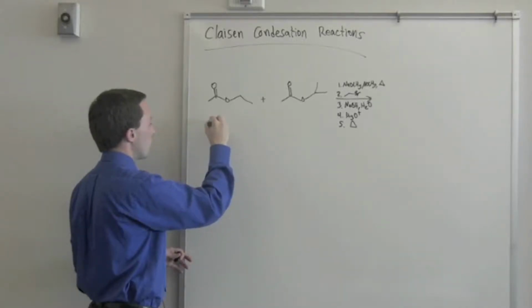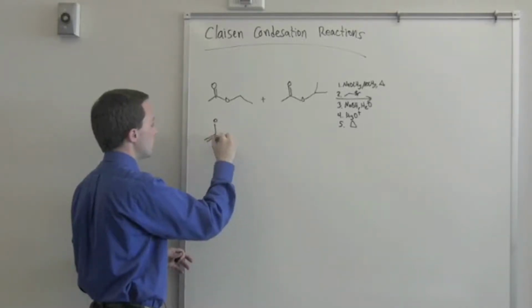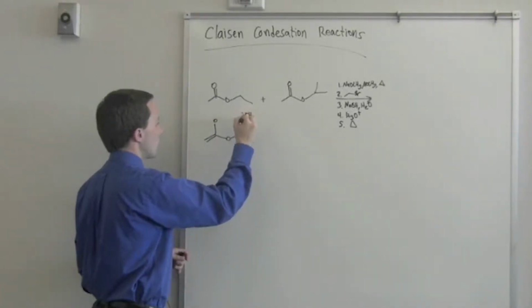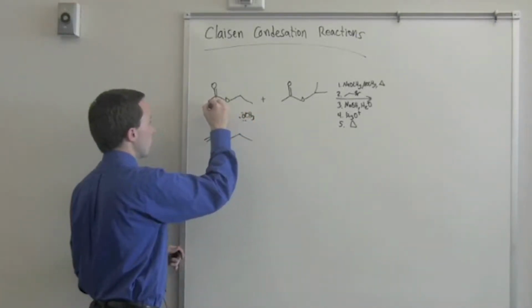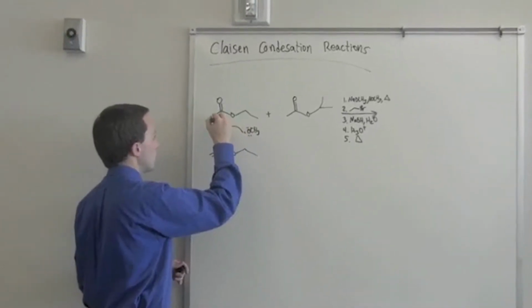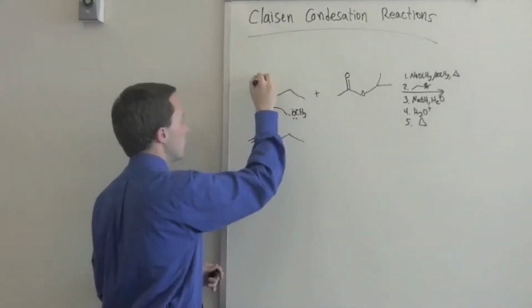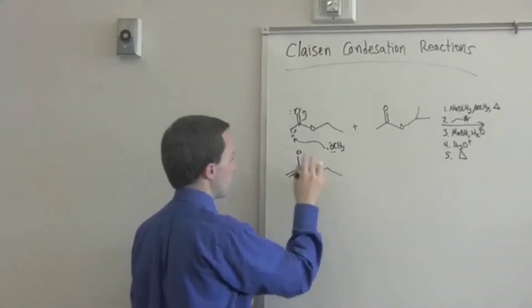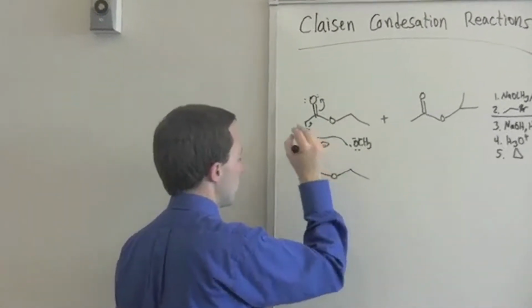and what it will do with the strong base is the strong base will pull an alpha hydrogen off, and then that will push the oxygen up there, and we form this enolate.